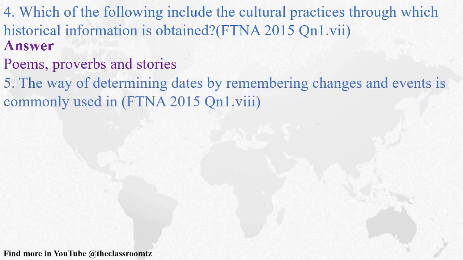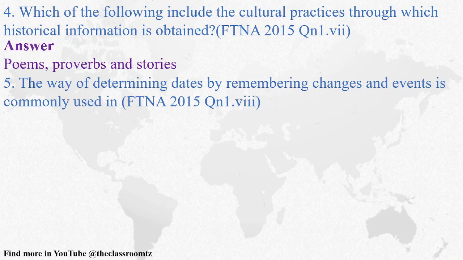The way of determining dates by remembering changes and events is commonly used in the first topic of history, sources and importance of history. There is one segment you need to understand: how we can determine dates. There are different ways to determine dates.